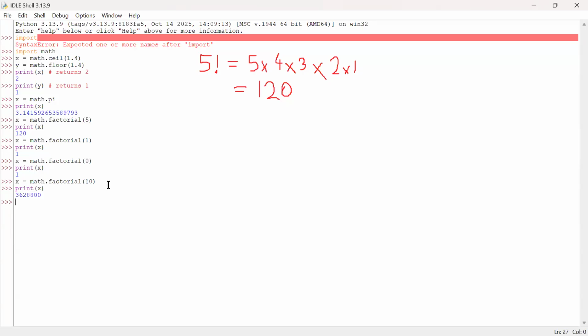Do you do additional maths? No. Okay, well, it's just good to have it handy. You might just need to write a program that will help somebody automate their factorial calculations. So if that happens, then you can use this function in a handy manner.